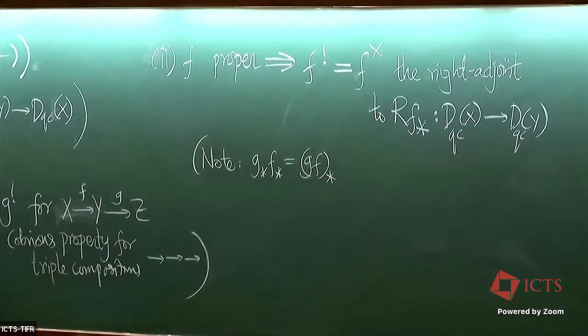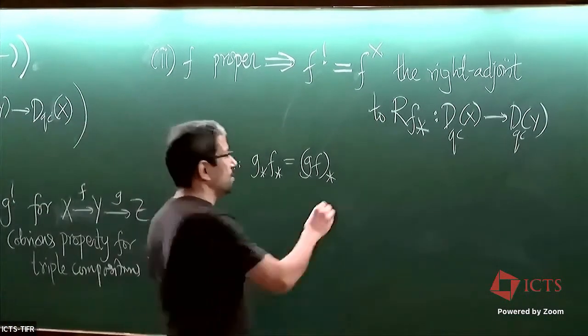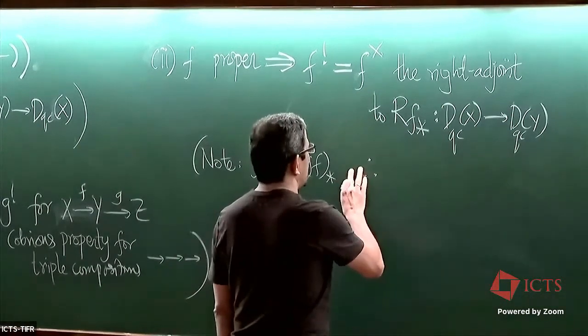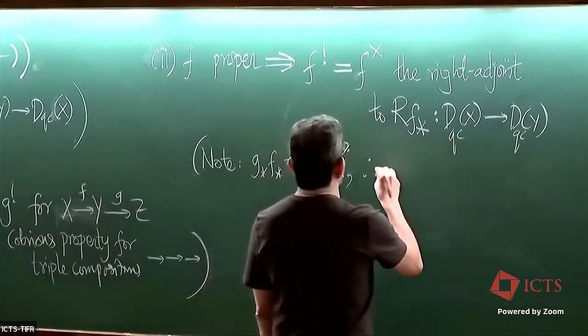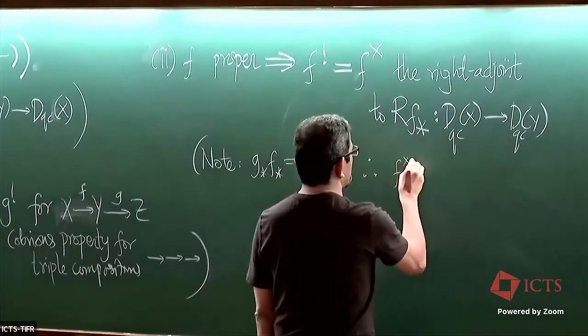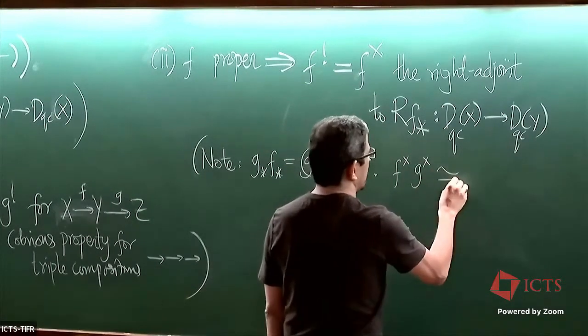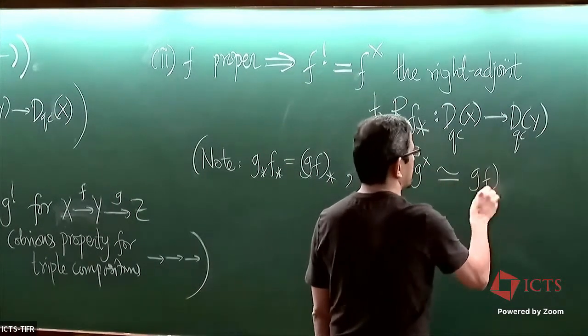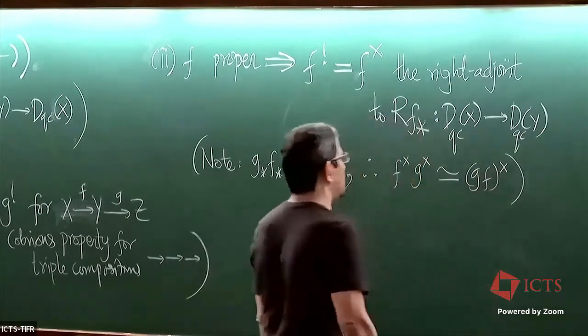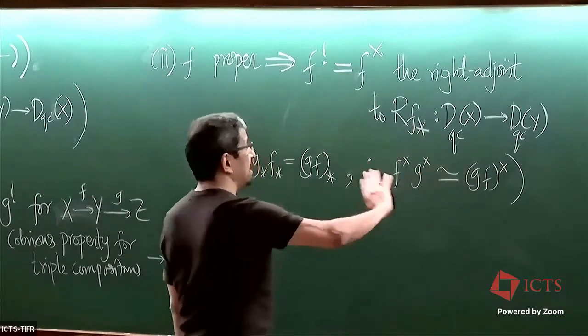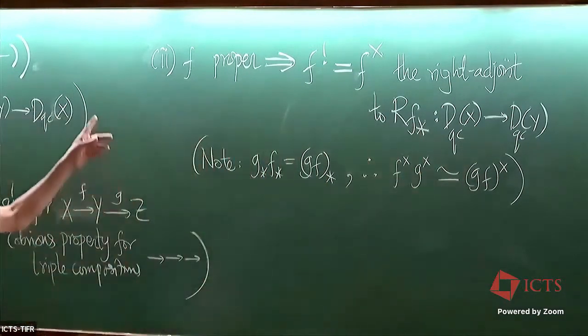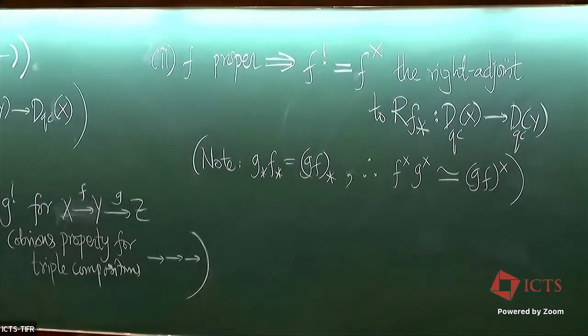Because of this, we see that the lower star behaves well under compositions, and therefore F cross G cross is canonically isomorphic to GF cross. So we have good behavior if we are sticking to right adjoints, though we will not do that. But when both the maps are proper, that's a good thing.